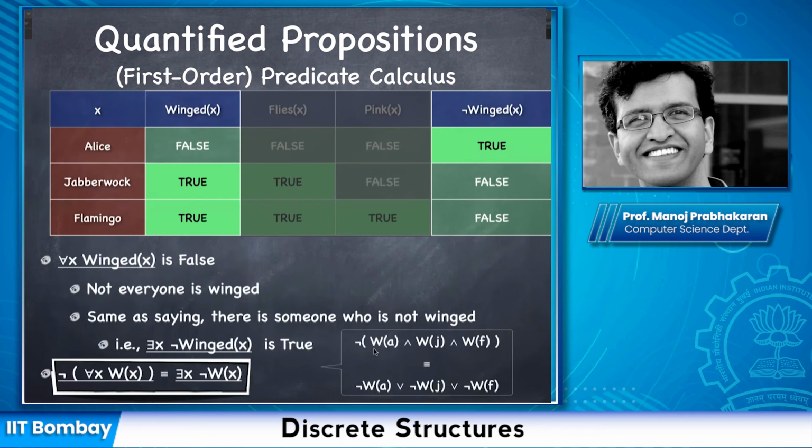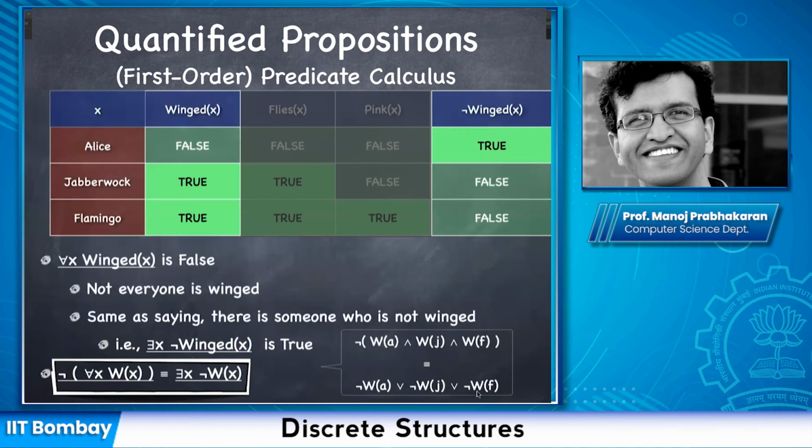We saw De Morgan's law applied to a conjunction of two elements. Here there are three elements, but this is just applying De Morgan's law twice. You could initially consider, say, W(J) and W(F) as a single proposition. So this is W(A) and that single proposition. When you negate it, it becomes not W(A) or the negation of this proposition, and the negation of this proposition is not W(J) or not W(F).